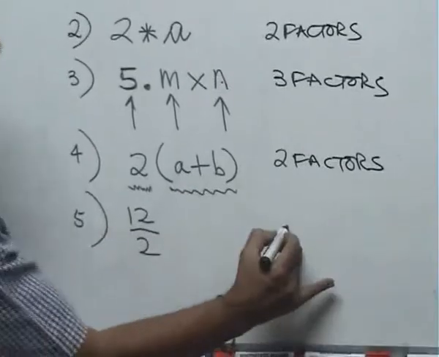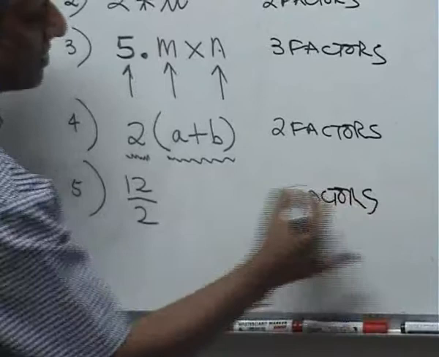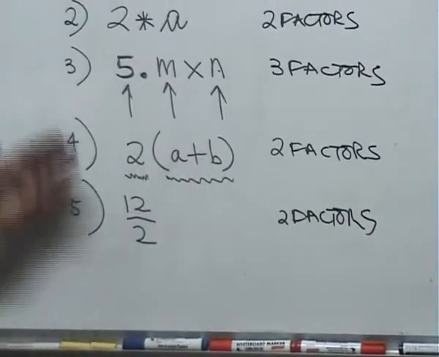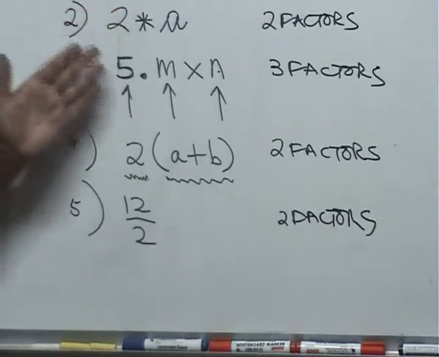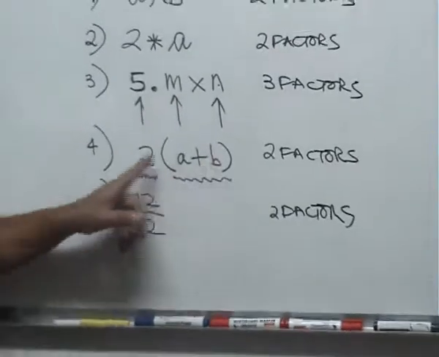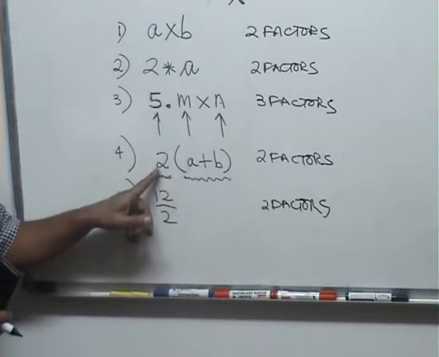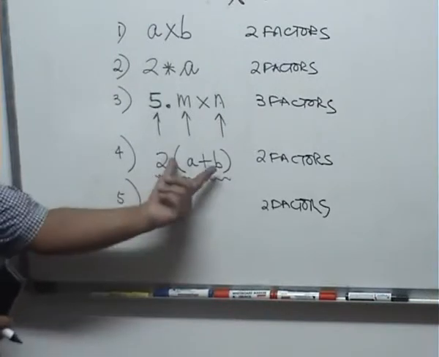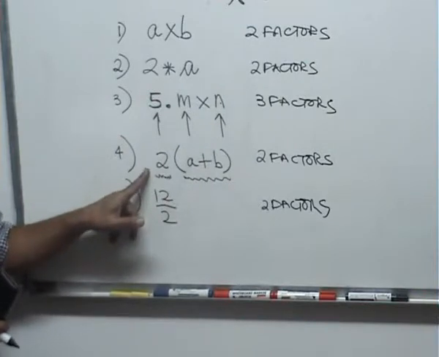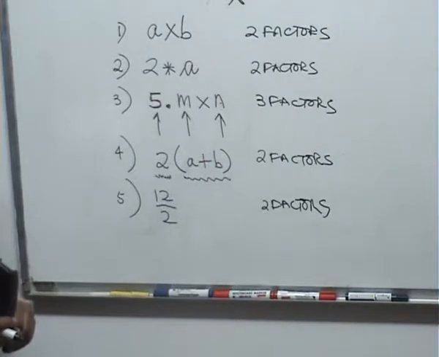So we have a division case here, and therefore there's 2 factors. So factors must be identified, and factors are usually separated by multiplication signs. In this example here, there is no multiplication sign, but it is understood that this means 2 times that bracket. Therefore, there are 2 factors here. 2 is one factor and the whole bracket forms another factor.